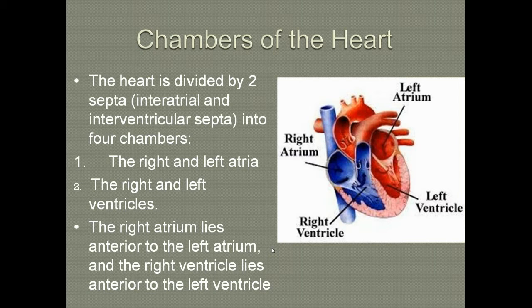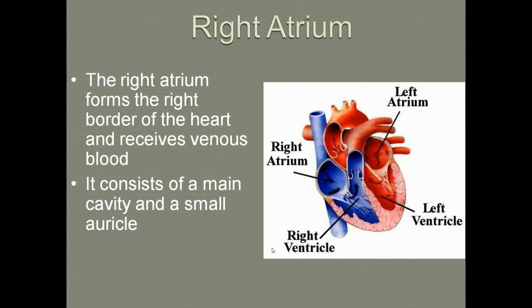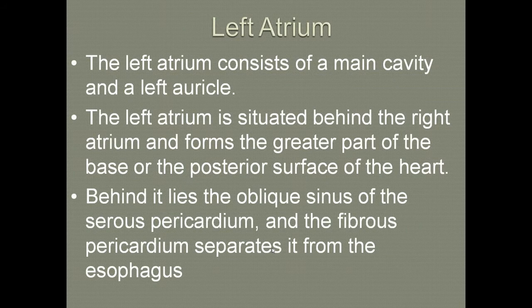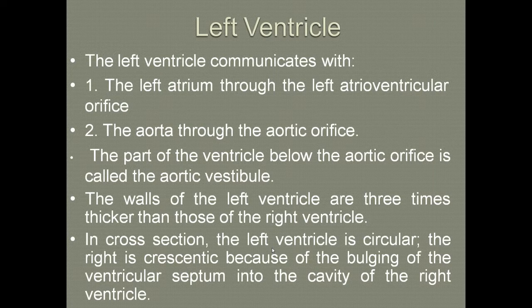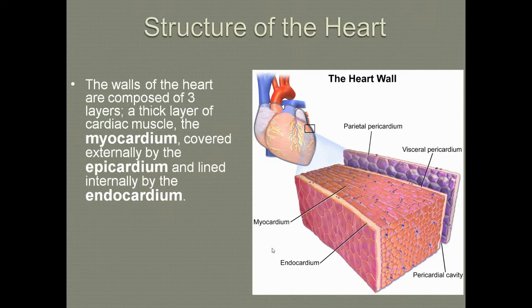Now we have studied the chambers, cardiac septa, right atrium, right ventricle, left atrium, left ventricle, and we have studied thoroughly, and we have studied some difference between the left ventricle and the right ventricle. In a cross section, we have seen some difference between the left ventricle and the right ventricle. Now we will study the structure of the heart.